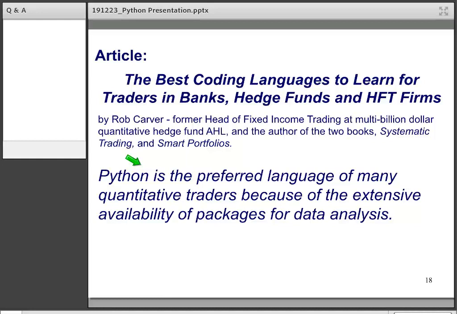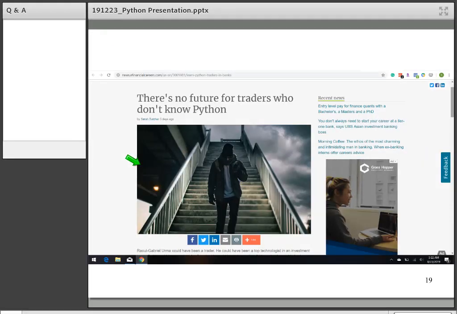So, again, think about this for a second. A person of Rob Carver's status can basically hire and make recommendations for any type of programming language that's out there. And what is Rob Carver saying? He's choosing Python as the preferred language of many quantitative traders, okay? And then one more.